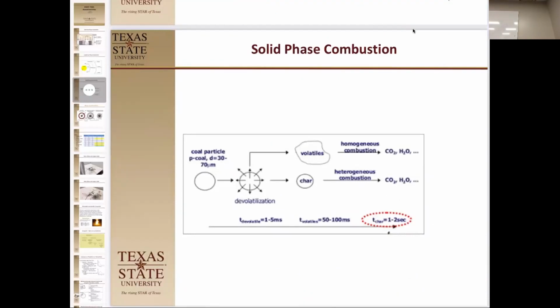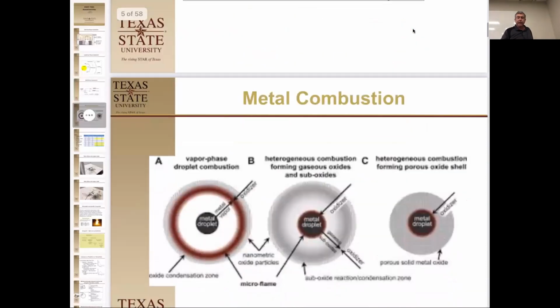There's this thing called city gas, where they would actually take wood and heat it at about 500 degrees C, and it would just have the volatiles coming off in an oxygen-free environment, and then they would gather those gases and then combust them, and so you actually have this entire thing taking place in one place, and then the homogeneous burn taking place in a different place. So those are different than what we have when we have metals burning.